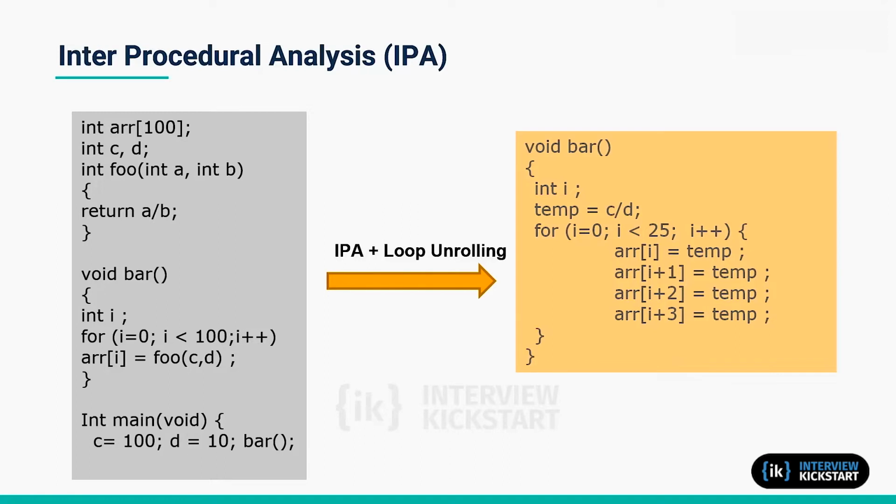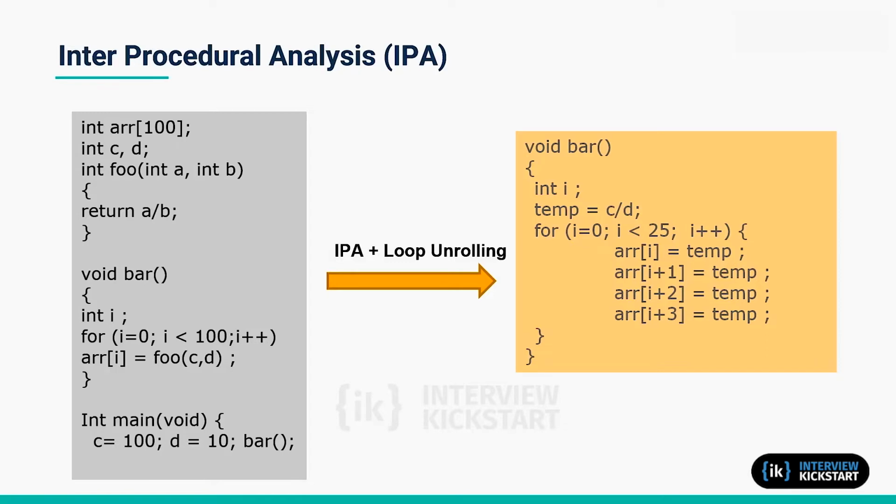If you look at the optimization with procedural analysis, this function call is doing nothing but a by b every time it is called. It can be stored in a temporary variable, a temp equal to c by d, and it can be used for assigning.